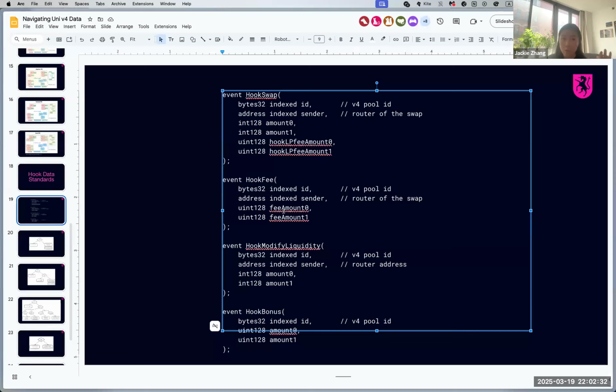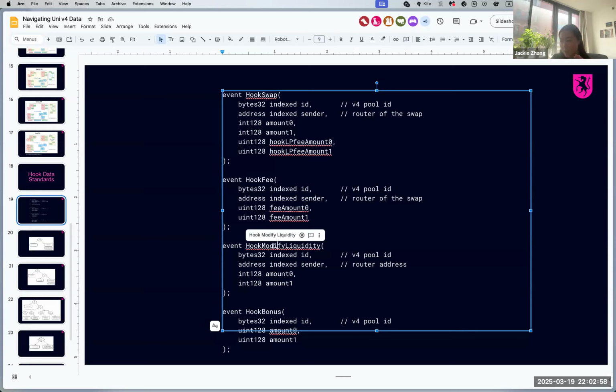If as a hook you want to charge for the service you're providing, you should emit the amounts being charged in the hook fee event instead of in the hook swap. So in the hook swap it's the LP fee, and in the hook fee event it's the hook fee that you're trying to charge, which is not the LP fee.